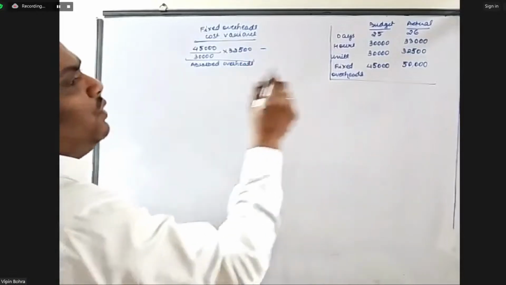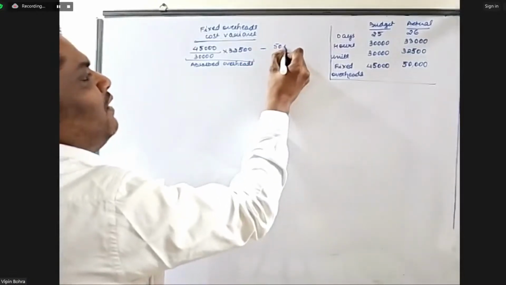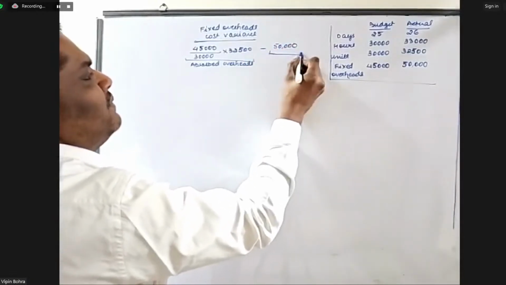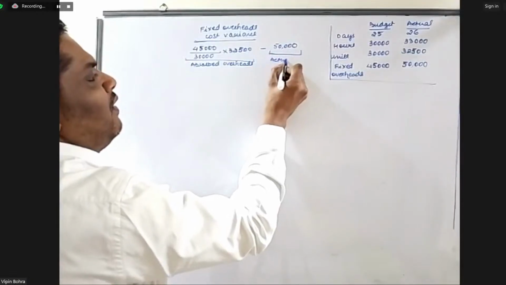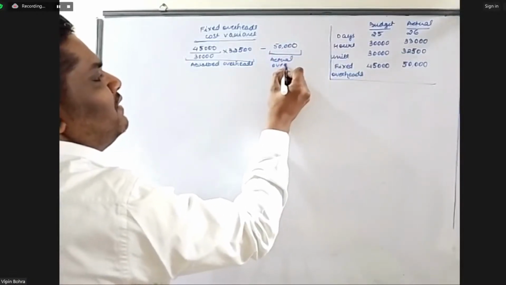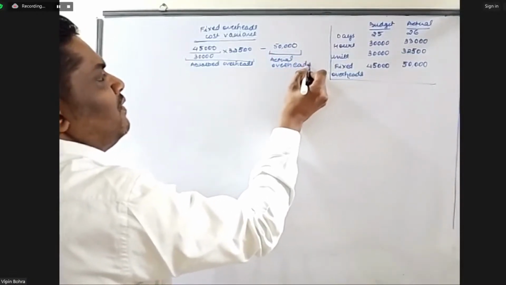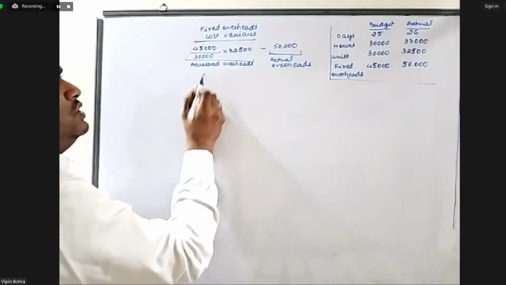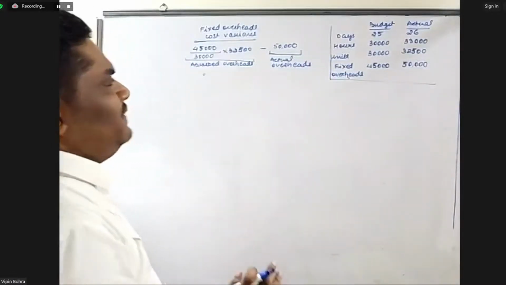Minus my actual overheads, which are 50,000. So we will get the fixed overhead cost variance.